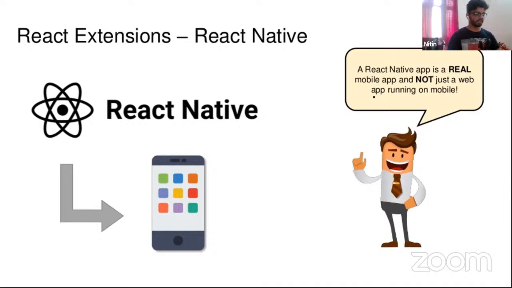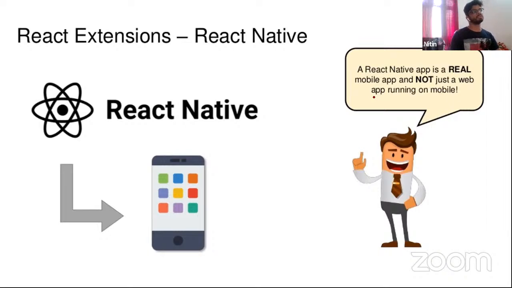So if your application is very resource intensive, like a game such as PUBG or Fortnite, and it's entirely developed in React Native, it will be a bit more resource intensive than a native app.